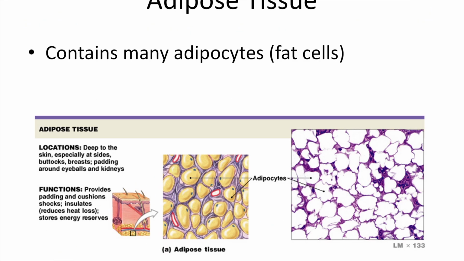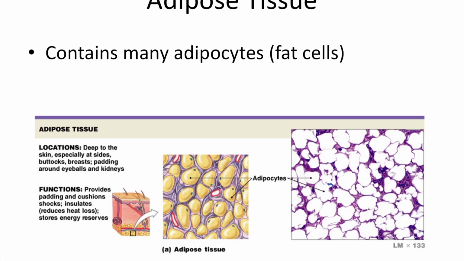Adipose tissue is found deep to the skin, and it is one of the few forms of connective tissue that's primarily cellular. The cells in adipose tissue are called adipocytes, and when you look at them under a microscope, the thing you could most easily confuse this with is simple squamous epithelium.